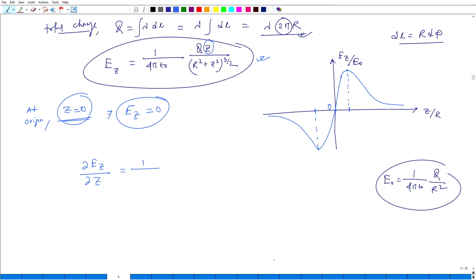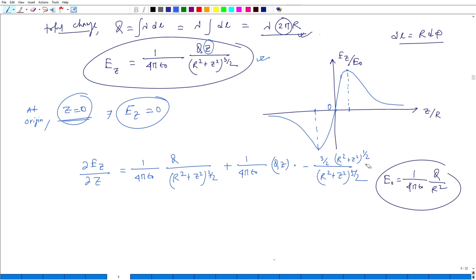The derivative gives 1 over 4 pi epsilon naught, q, first derivative of z, over (r square plus z square) to the power 3 by 2, plus q z times minus 1 over (r square plus z square) to the power 5 by 2, times the derivative of this, so 3 by 2 times 2z.